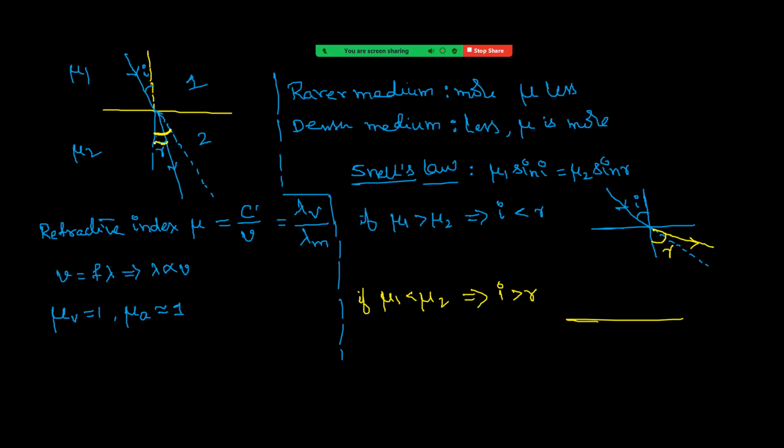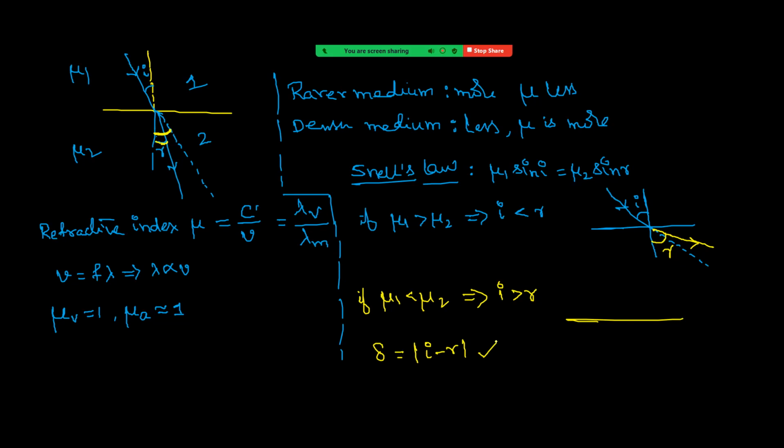This is I and this is R. Now from this we can say deviation is equal to modulus of I minus R. Why modulus? In this case it is R minus I, a positive value, and in this case I minus R, a positive value. That's why we take modulus of I minus R, which gives us the deviation.